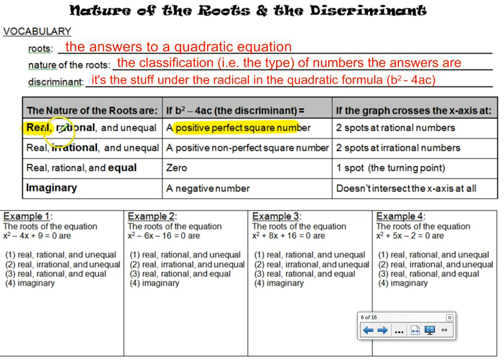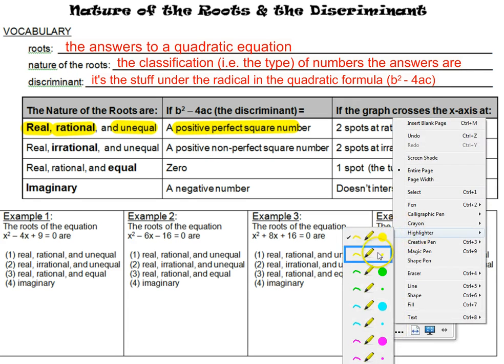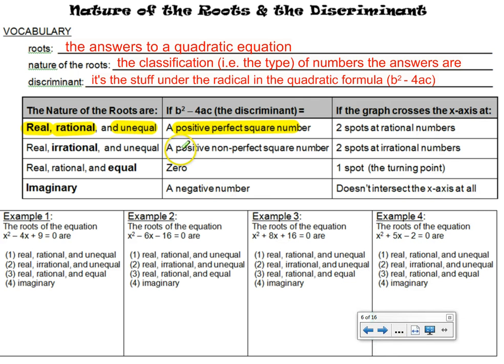The perfect square number means the radical is going to go away, rational, and you're going to have two different unequal answers. All right, if the number underneath the radical is a positive non-perfect square number, that means that the radical will still stay there. So you'll have real answers, but they will be irrational. And again, you'll still have two unequal answers.